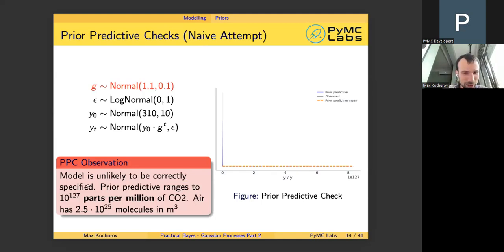I just Googled how this CO2 dataset was collected, and it actually collects parts of CO2 per million in volume of air. And if we get something that is 10 to the power of 1000, something is really off with this prior, right?